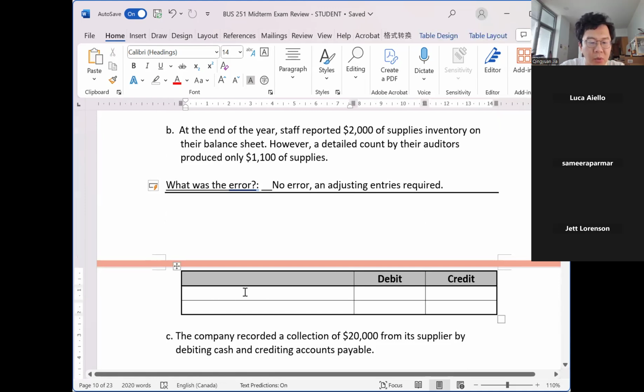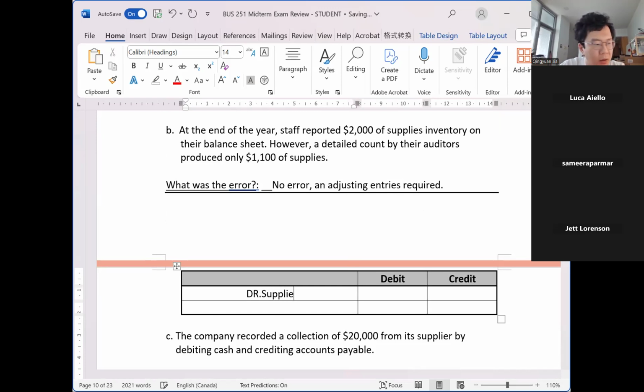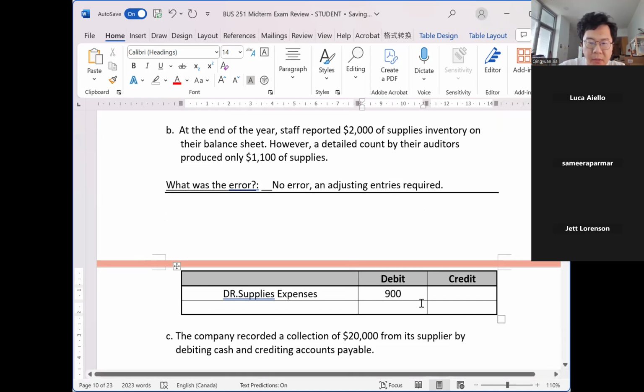So what we will do, we will debit supply expense, and we put 900 here, 900, and credit supplies inventory.